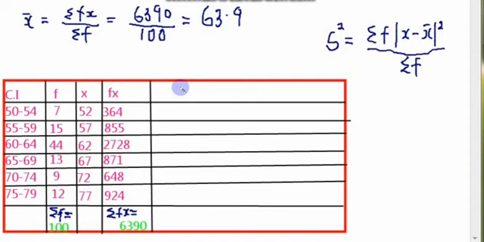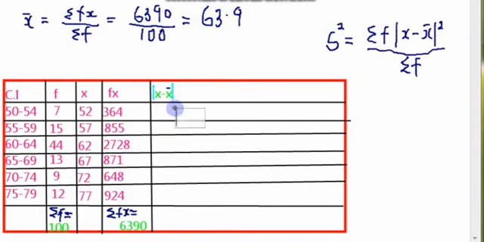The next thing is to compute x minus x bar in the table. Since we have known the mean, we use the midpoint and subtract the mean. Remember, this x minus x bar is an absolute value. So just do 52 minus 63.9.